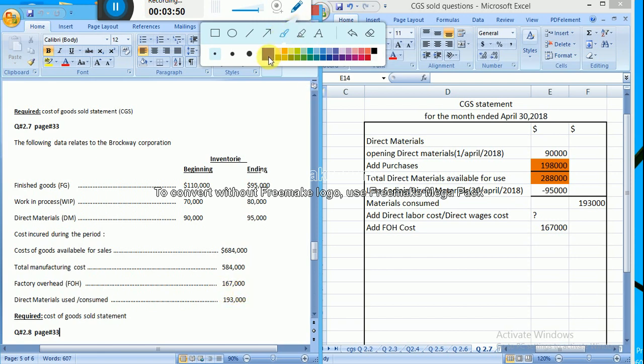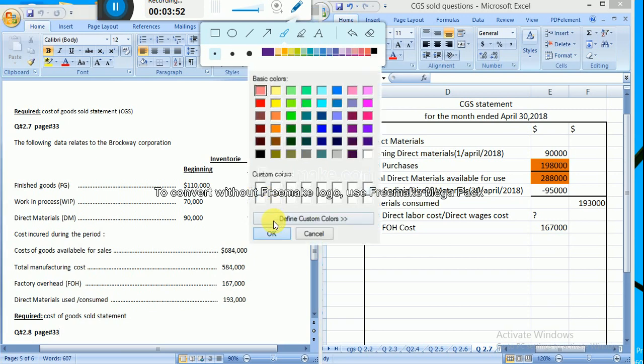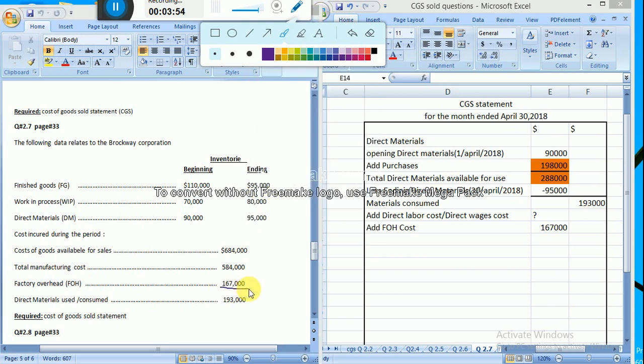This is our factory overhead cost, so I write it here.